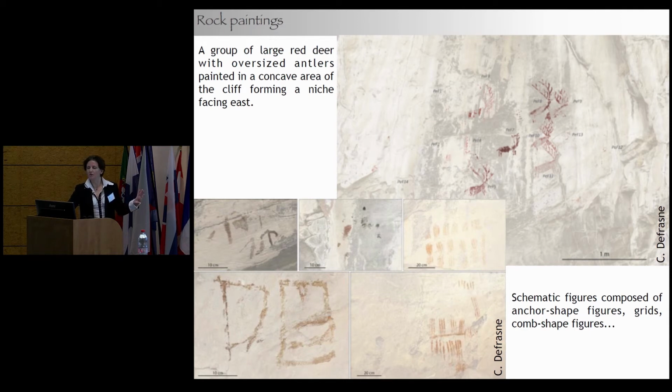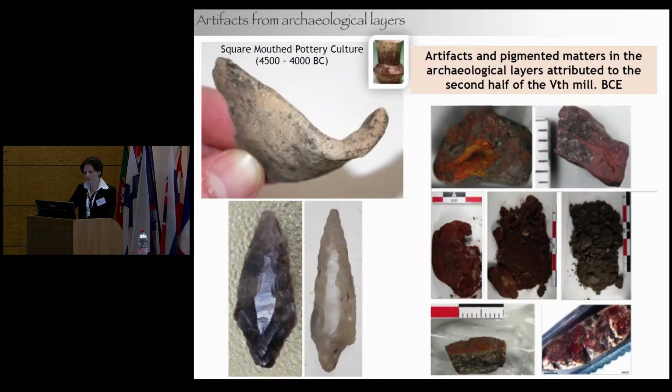I present here the survey drawing created by Claudia Defrance, because in the realistic picture we don't really see the paint, it's like a shadow. It's really difficult to see this paint, and so the conservation is not very good.